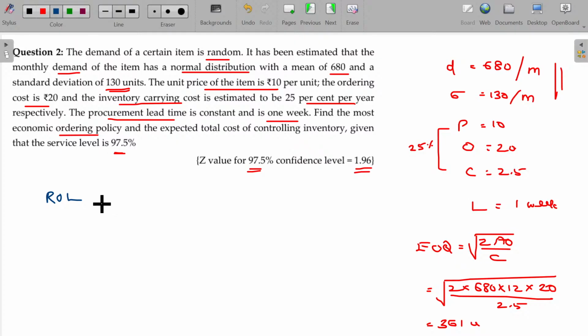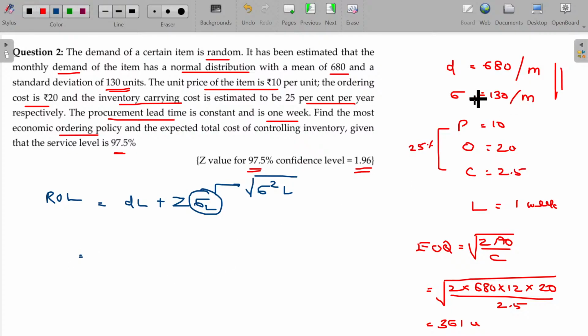Reorder level in this case is equal to lead time consumption, DL. D is the demand and L represents lead time, plus probability applicable for the standard deviation of the lead time. This standard deviation of lead time can be written as what? Variance for the lead time, and take the root of this.